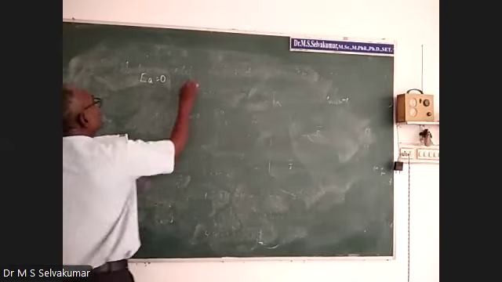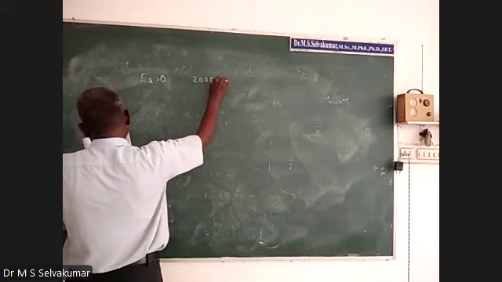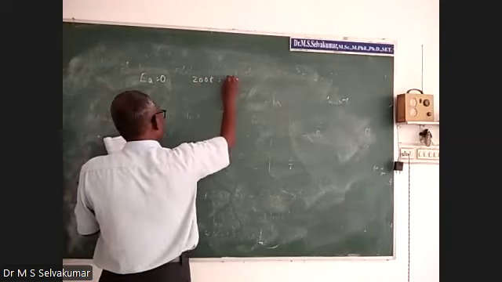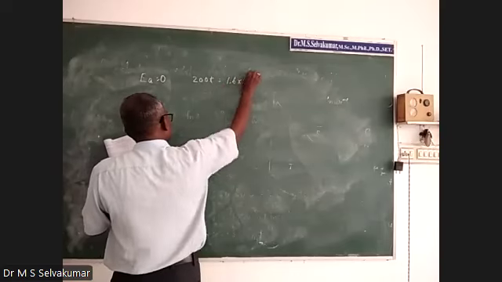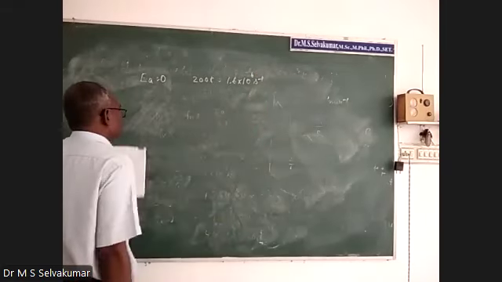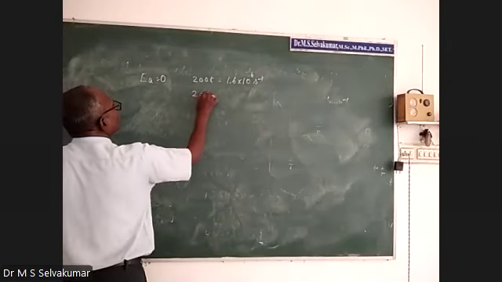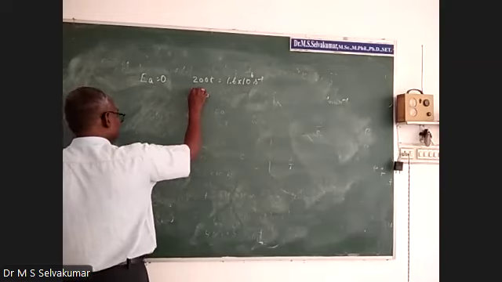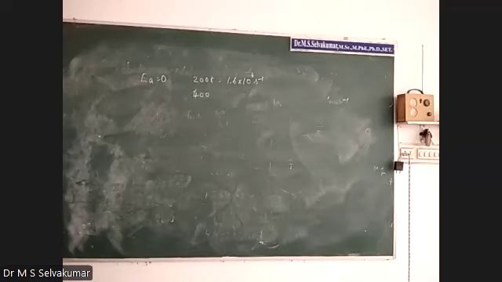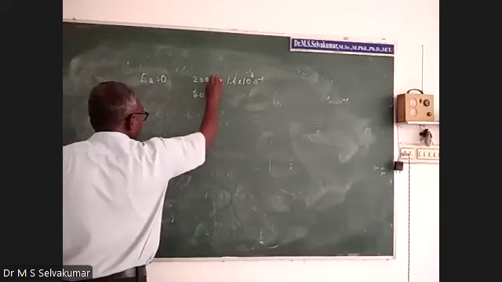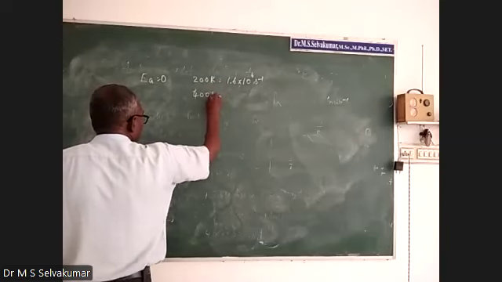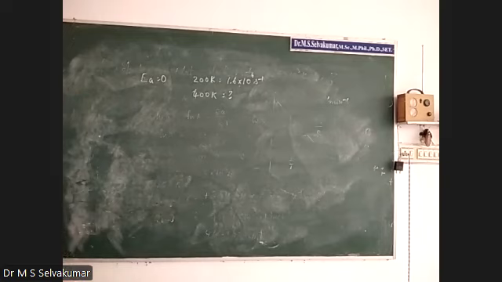And the rate constant at 200 Kelvin is 1.6 into 10 power 6 per second. What will be the rate constant at 400 Kelvin? See, Ea is given and the rate constant at a particular temperature, 200 Kelvin, is given. What is the rate constant at 400 Kelvin? This is the question asked.